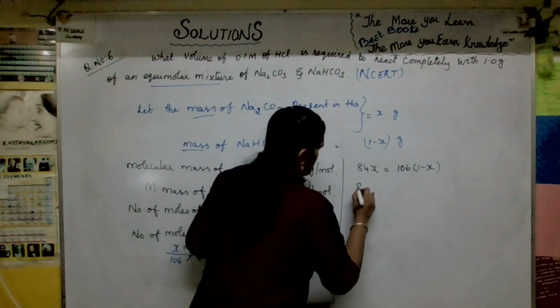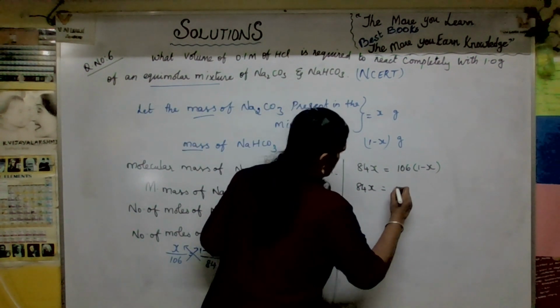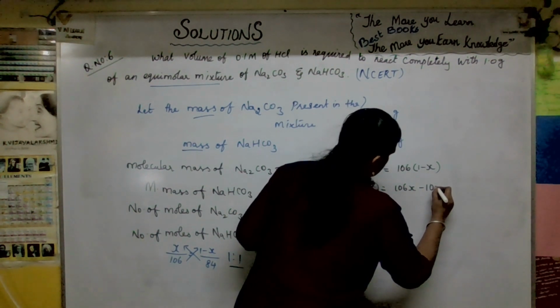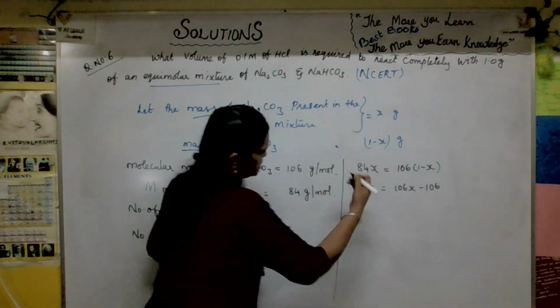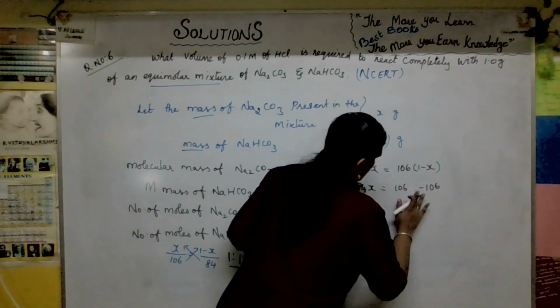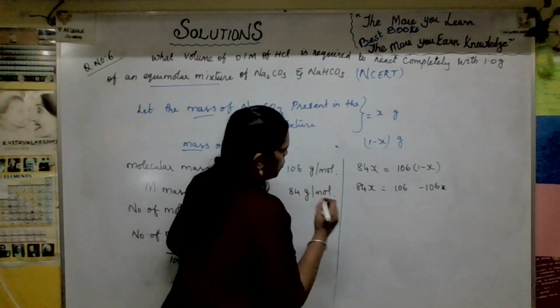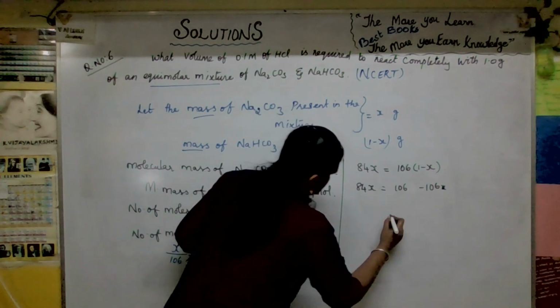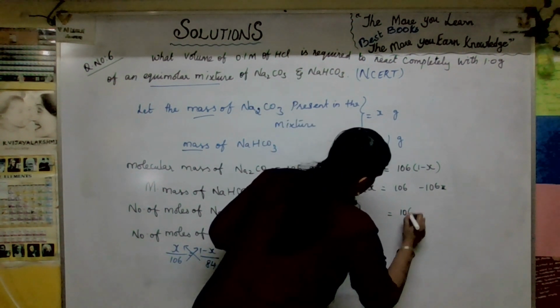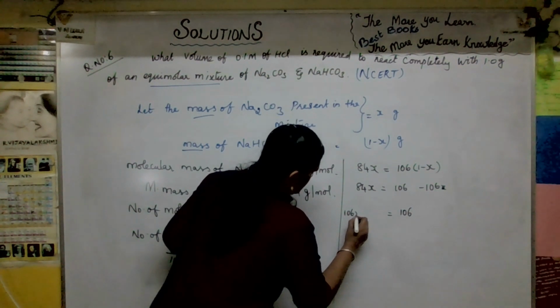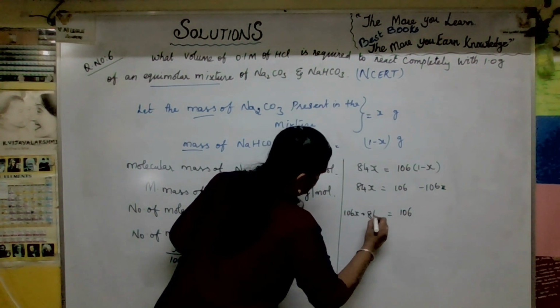Okay, now 84x equal to 106 into 1 minus x, that is 106 minus 106x. Now let us come this side. Here 106 equal to 106x plus 84x.